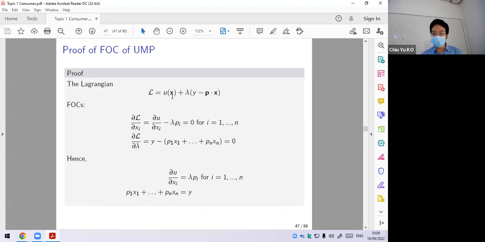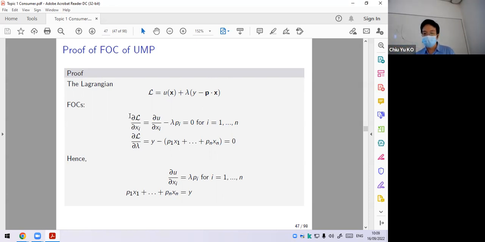For Lagrangian, I'm not going to explain Lagrangian. The math idea is, if you have quasi-concave preferences and a linear constraint under Lagrangian, the FOC is also sufficient. Probably you already know it anyway.